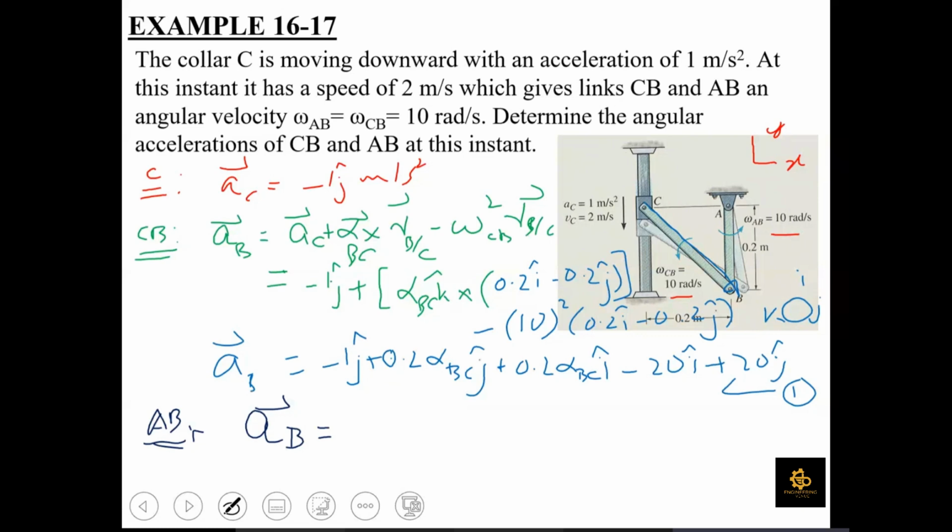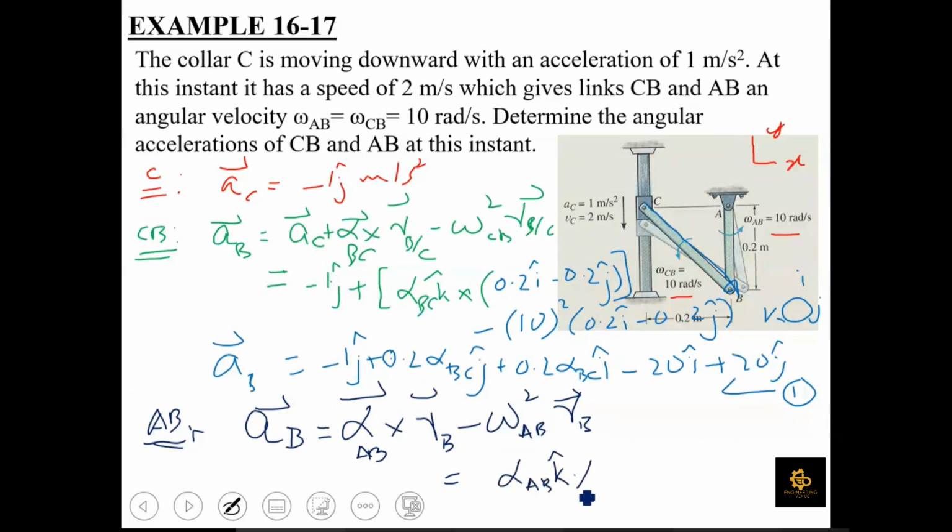Sir, alpha cross R minus omega square R. So it is alpha cross R minus omega square R, but here alpha is going to be alpha AB, R is going to be the absolute position vector RB, and omega is going to be the angular velocity of this link AB. Okay, so can you again judge alpha AB? No, sir. So you are going to assume it as alpha AB k cross RB.